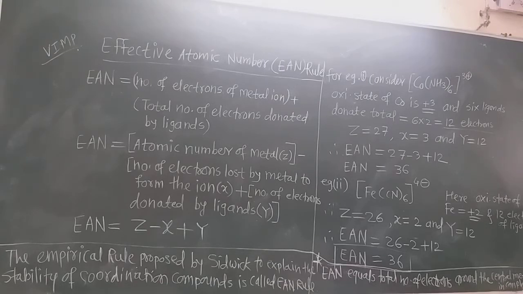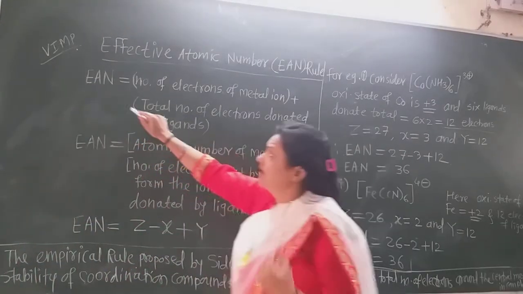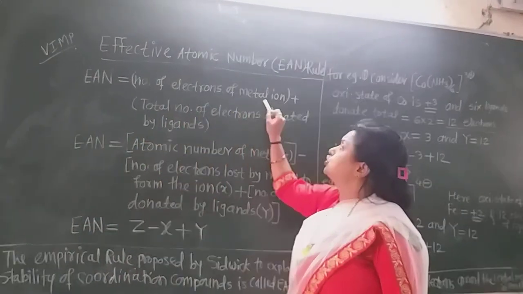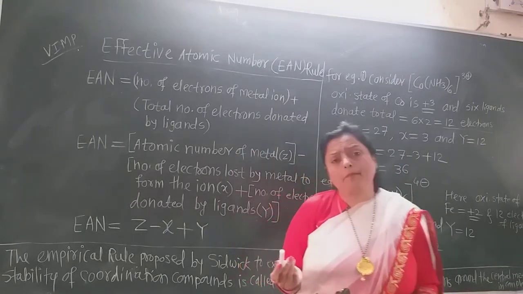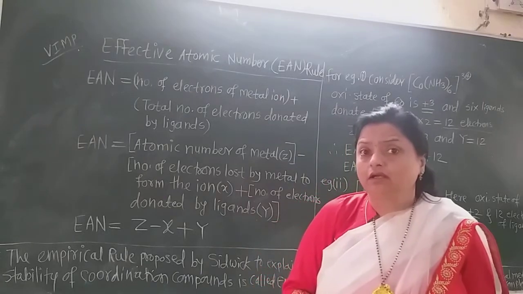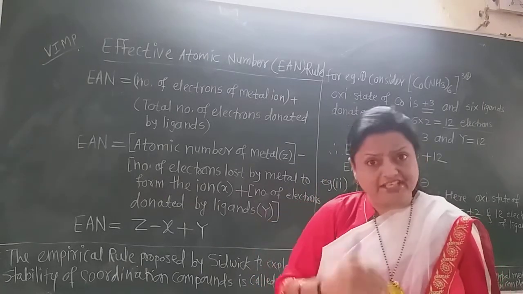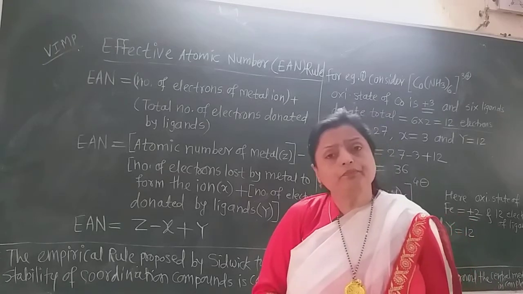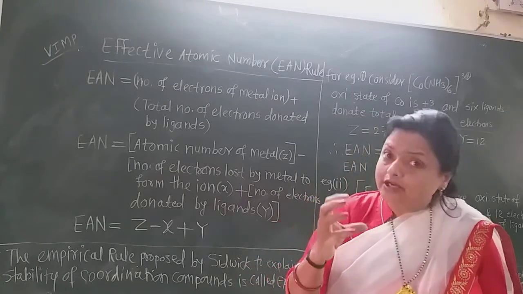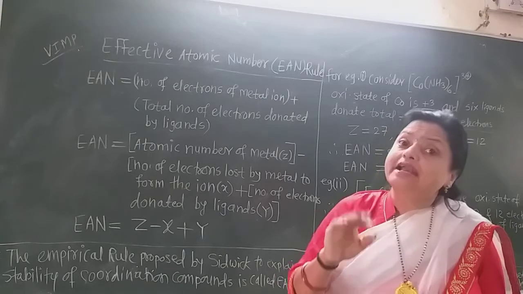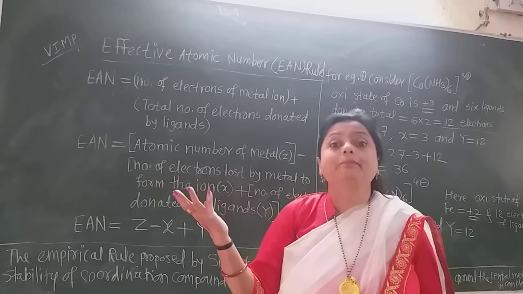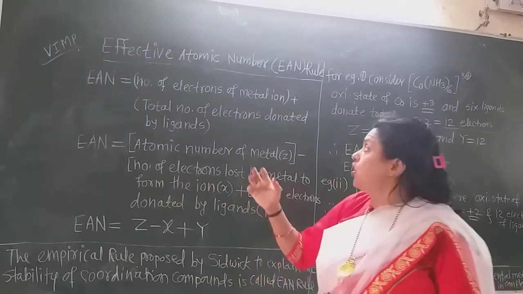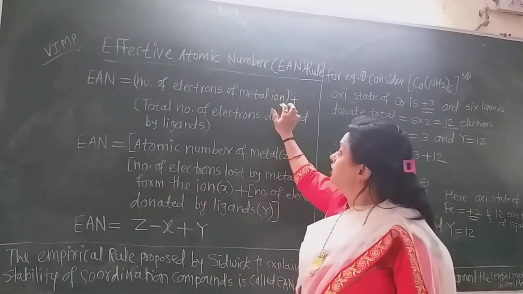Now see here, EAN, effective atomic number, means the number of electrons of the metal ion. Now how will the number of electrons of the metal ion be calculated? From its oxidation state. What will we do? From the atomic number of that metal, we subtract the electrons donated by the metal atom during formation of the ion.